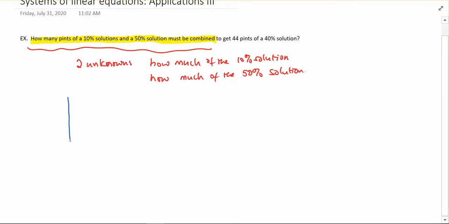So imagine that you had a container here and this held the 10% solution. So let's see if I can do this right here. I'm trying to divide this up into 10 equal parts. 1, 2, 3, 4, 5, 6, 7, 8, 9, and 10.